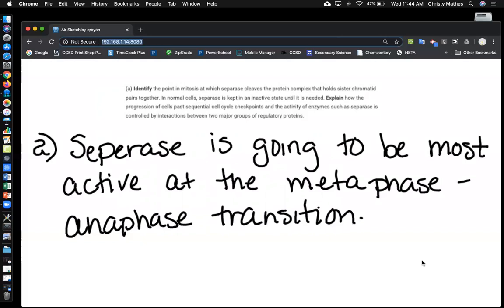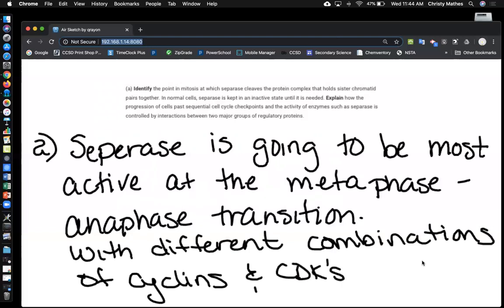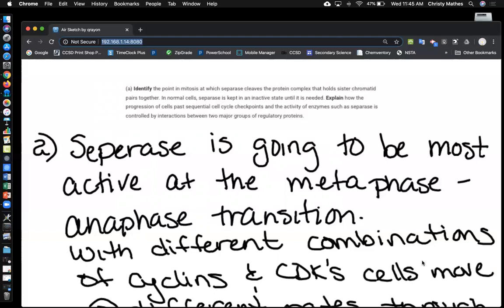So what you would say, something along the lines of, with different combinations of cyclins and CDKs, your kinases, cells move at different rates through the cell cycle.